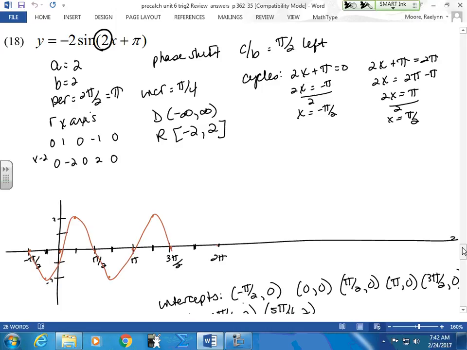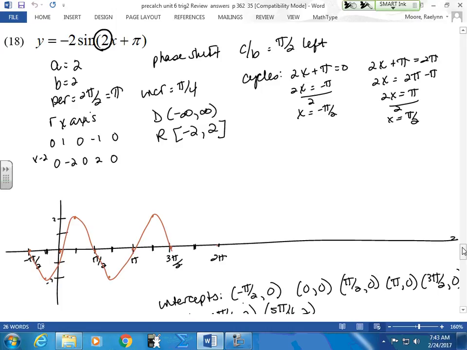At negative pi. But I need to have half of that distance of 2 pi, don't I? How long is my period if I put a 2? Pi. Everybody look at me. I need to have half of that distance now. I need to go to pi. So don't I need to start this at half of that distance? So where should I start this?